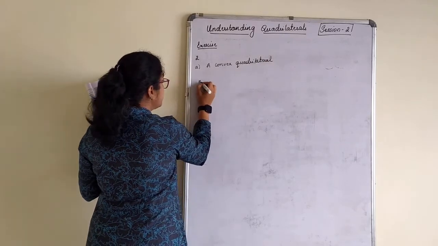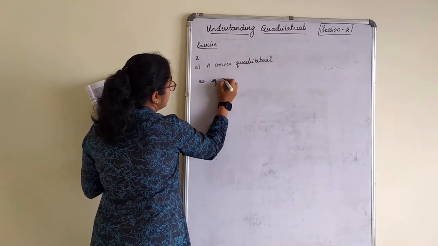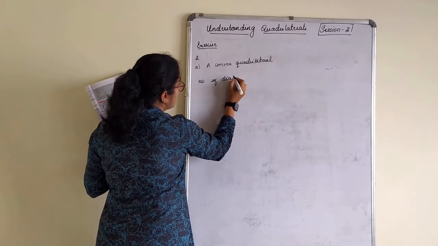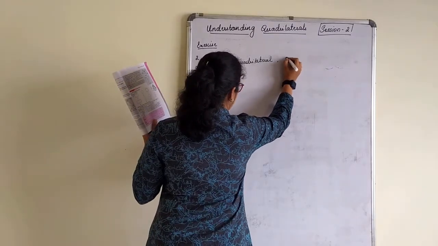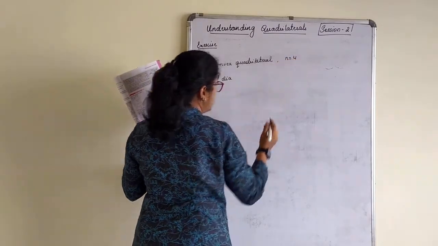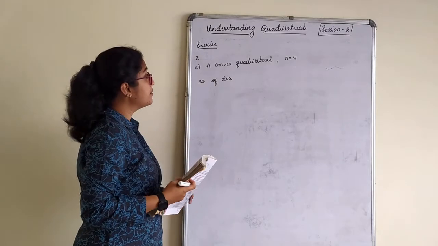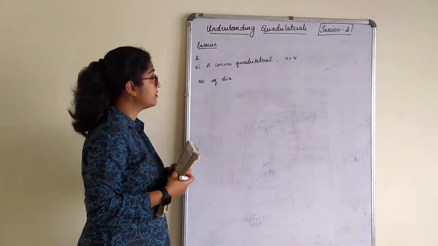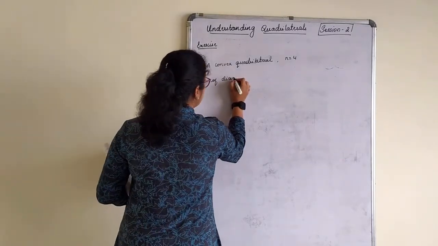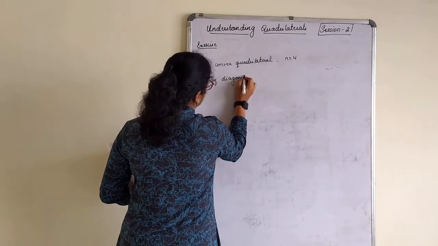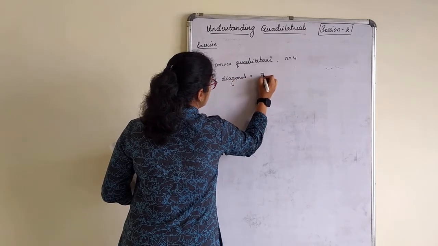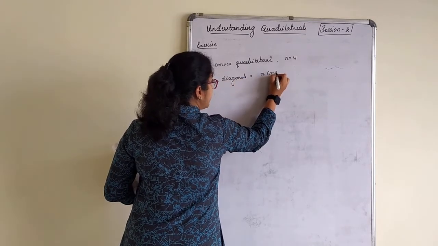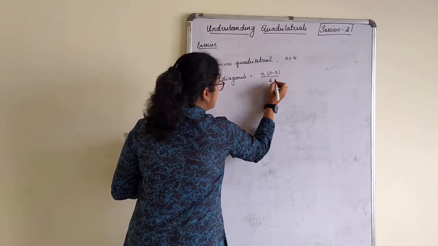I will write here: number of diagonals, but before that, n is equal to 4. Let us first mention that. Number of sides in a convex quadrilateral, n is equal to 4. Number of diagonals is equal to n(n minus 3) divided by 2.